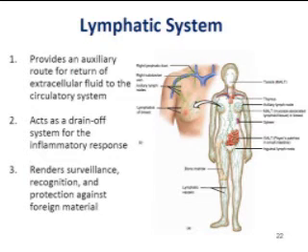And one of the most important parts of the system are the lymph nodes. Most of the rest is more for transportation, we'll go into that, but that's where the actual interaction between white blood cells and microorganisms happens.